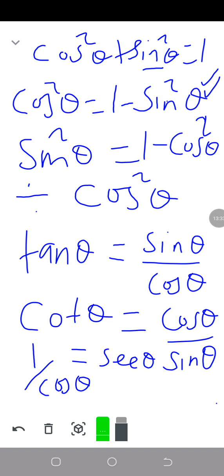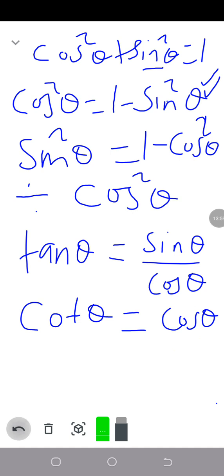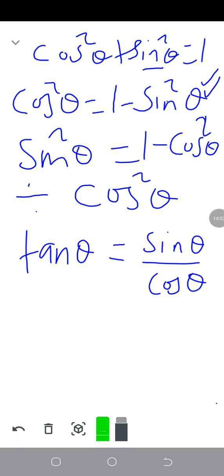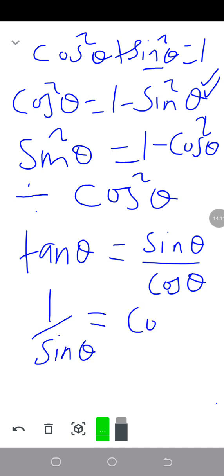So a student must know these other trigonometric identities, that tan theta is the same as sin theta over cos theta, and then cot theta is the same as cos theta over sin theta. Then 1 over cos theta is the same as sec theta. We also have 1 over sin theta, which is the same as cosec theta.